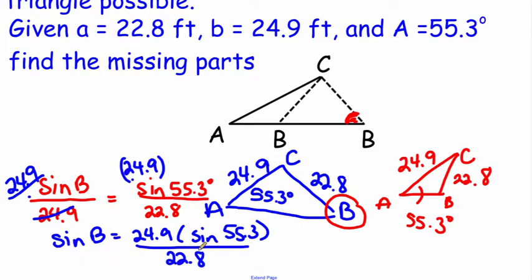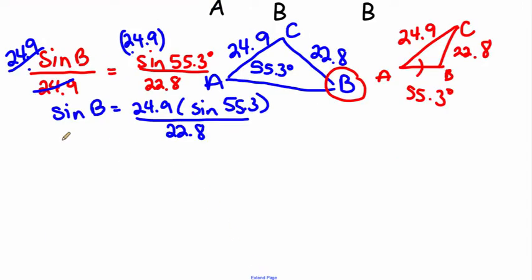Now, you've got two choices here. You can go ahead and plug this into your calculator, and when you do that, you get that the sine of B is equal to 0.89786.